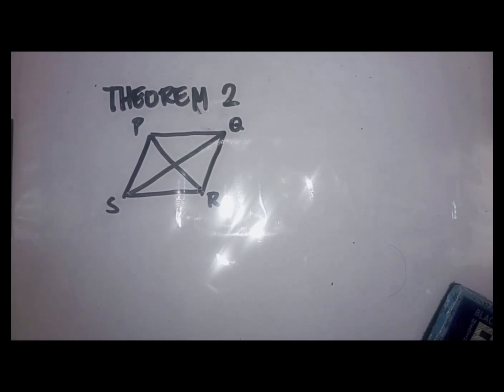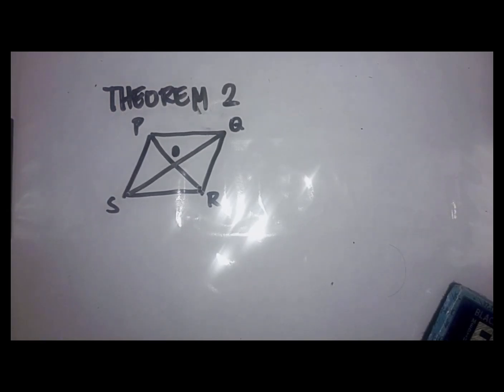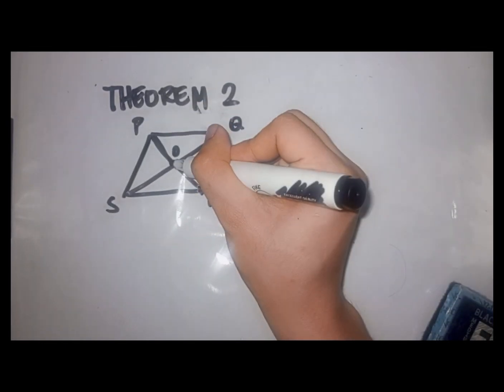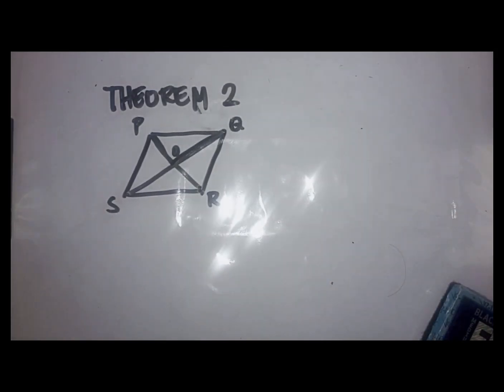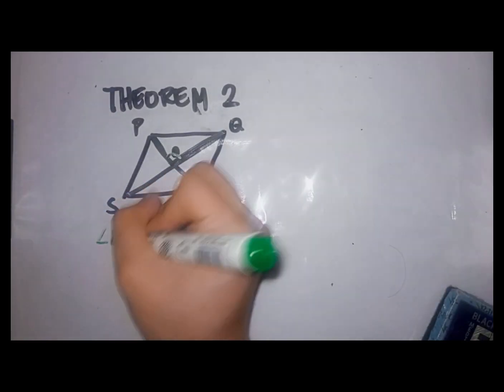Diagonals PR and QS intersect at O. To prove the diagonals are perpendicular, angle POQ is equal to 90 degrees.